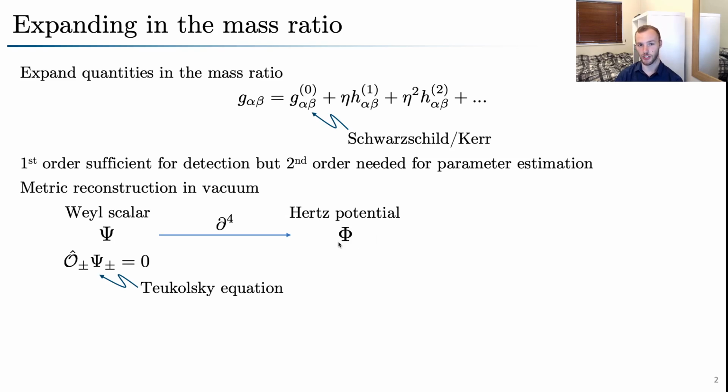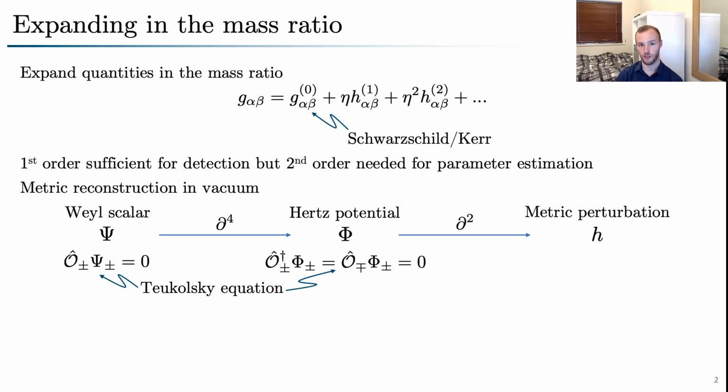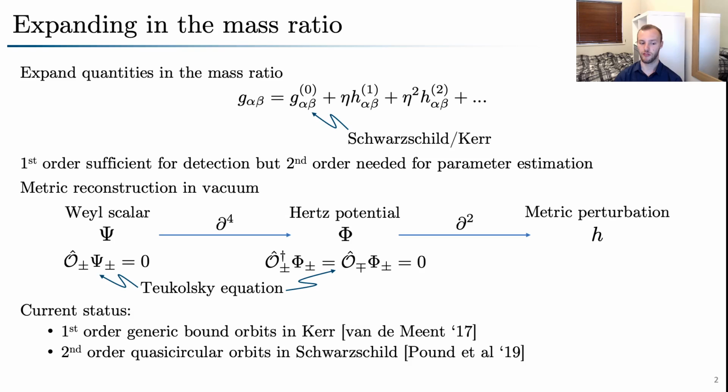This Hertz potential itself is a solution of the adjoint Teukolsky equation, which is just the Teukolsky equation with flipped spins. Once we have this Hertz potential, we can get back to the metric perturbation by a 2nd order differential operator. This has been done to 1st order for generic bound orbits in Kerr and to 2nd order for quasi-circular orbits in Schwarzschild. But what about scattering?